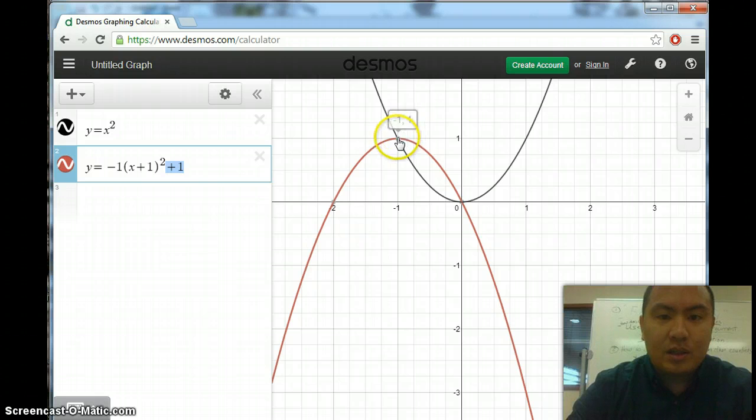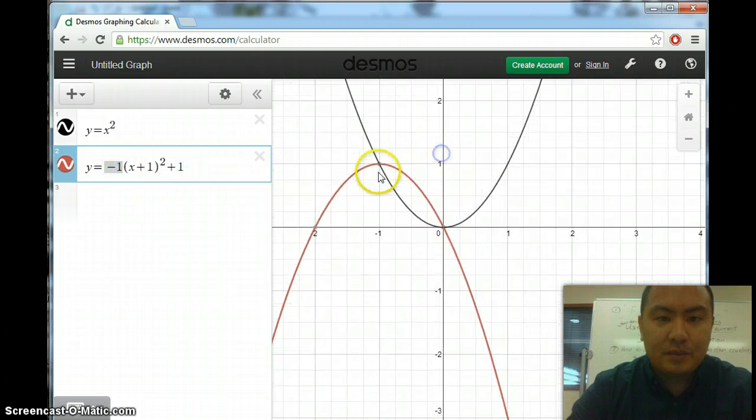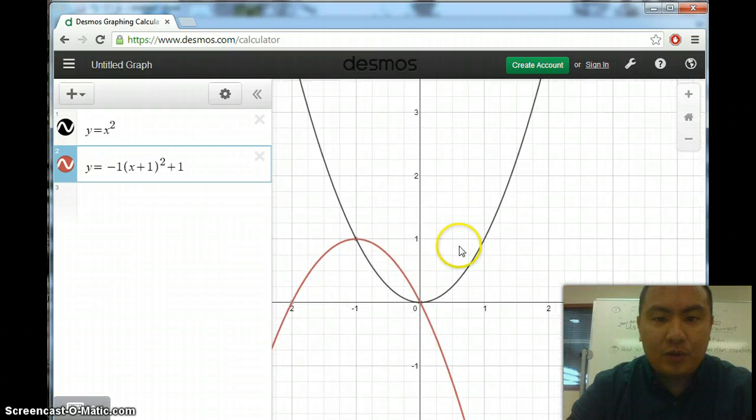Alright, so now that I have this a of negative 1, I'm going to go 1 to the right and to the left. What's 1 squared? It's 1. So I would go up 1, but instead of going up 1, this negative 1 tells me to go down 1. If I went 2, it would have been up 4.